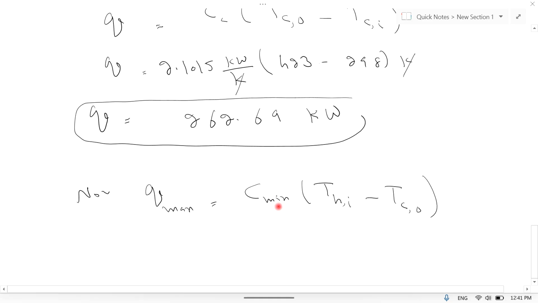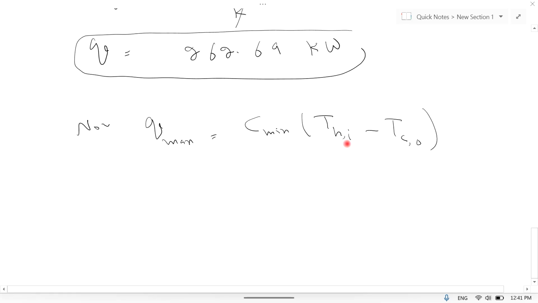So for C minimum, the value of Q will be maximum. We cannot put C maximum because if a heat exchanger stores more heat, then it will transfer less heat. So for Q maximum we put C minimum, and THI is the maximum temperature and TCI is the minimum temperature in this case. So we put C minimum and THI minus TCI.